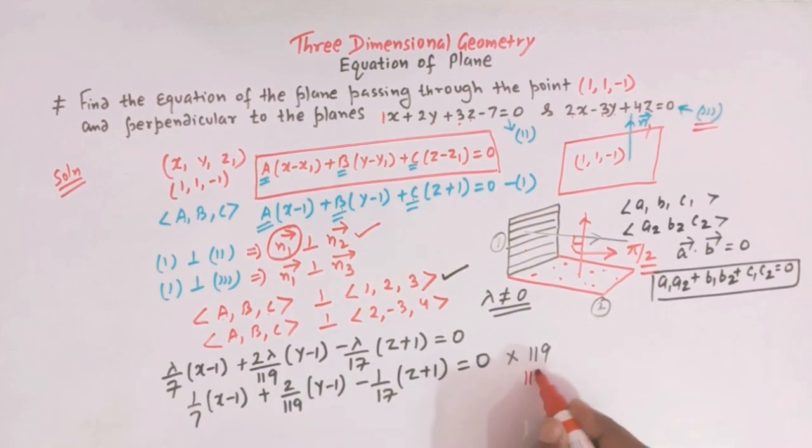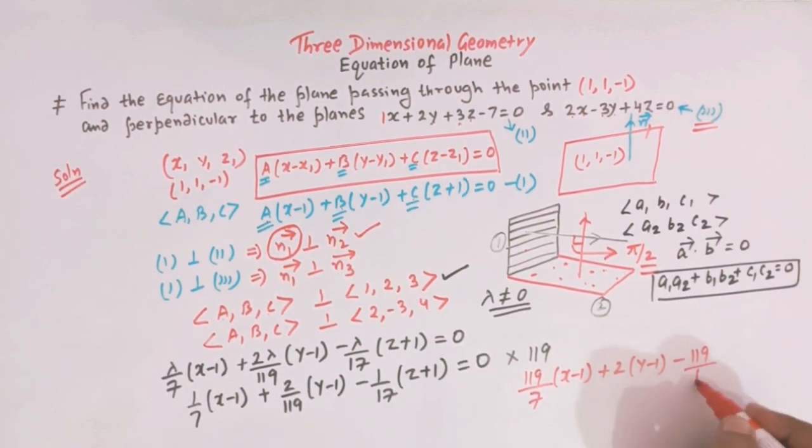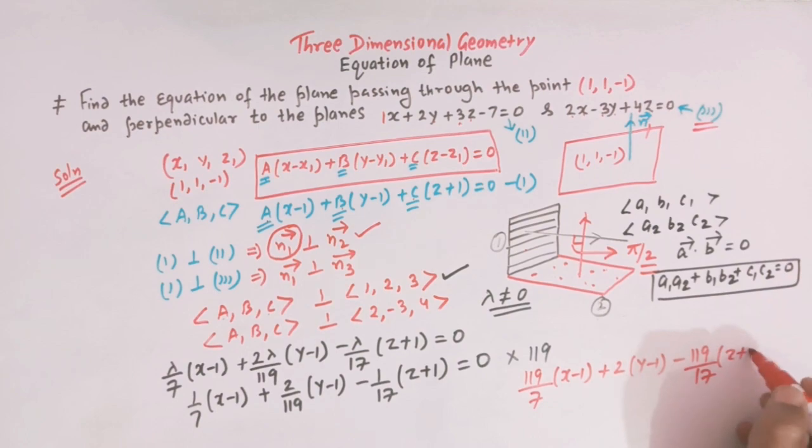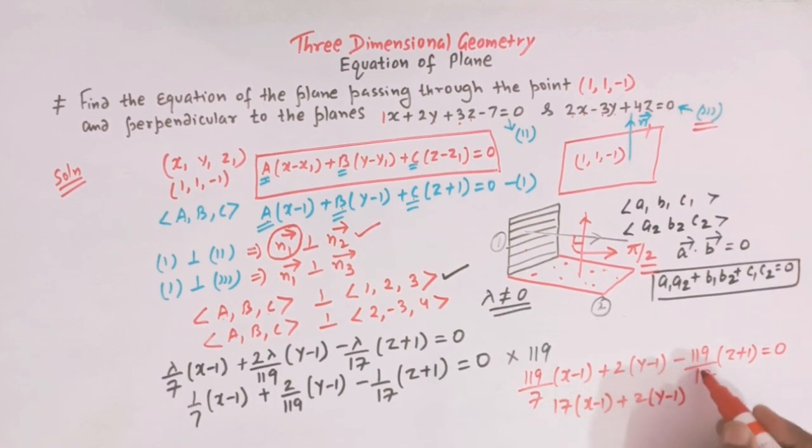So now what we will get here, we will get 119 over 7 times x minus 1, and here 119 gets cancelled, so we are left with 2 times y minus 1, and here we have minus 119 over 17, and this is z plus 1 is equal to 0, right? So 7 17s are 119, so here we have 17 times x minus 1, this is 2 times y minus 1, 17 7s are 119, so here we have minus 7 times z plus 1 is equal to 0.